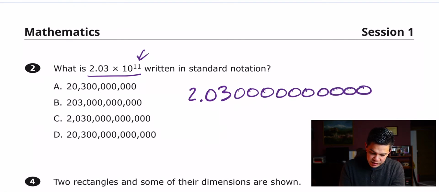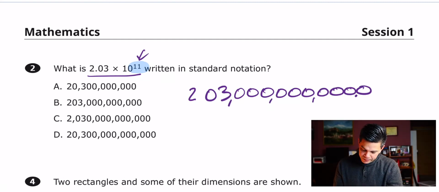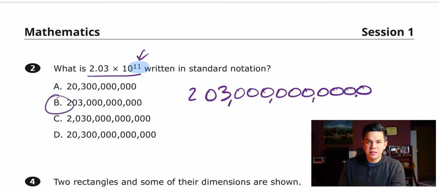All we need to do is count this number 11 and move this decimal point over 11 spots to the right. 1, 2, 3, 4, 5, 6, 7, 8, 9, 10, 11. It's going to belong right there. Let's throw some commas in there to separate our periods. And this looks like it is B.